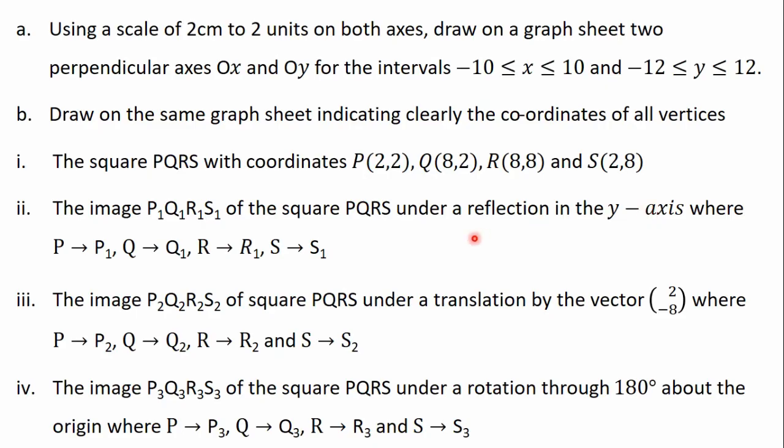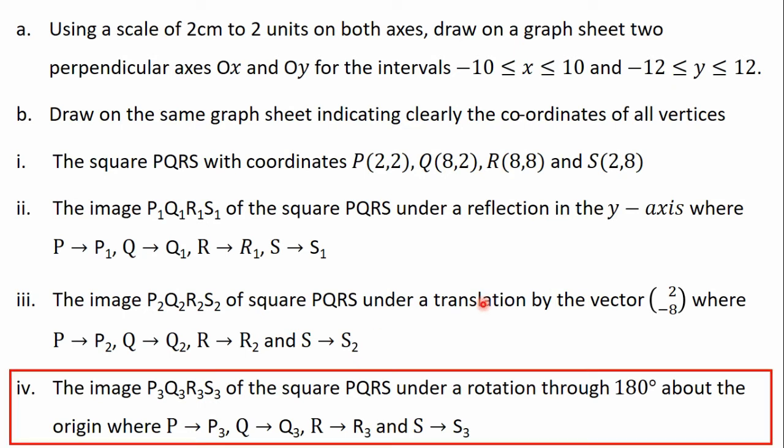Let's now look at the last part of the question, which says that we should draw the image square P3, Q3, R3, S3 of the square PQRS under a rotation through a 180 degrees angle about the origin, where P maps to P3, Q maps to Q3, R maps to R3, and S maps to S3.